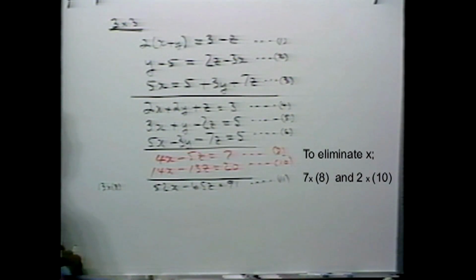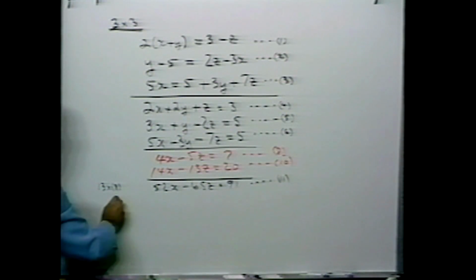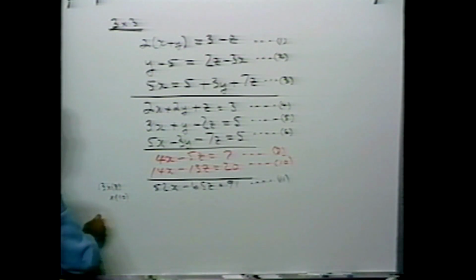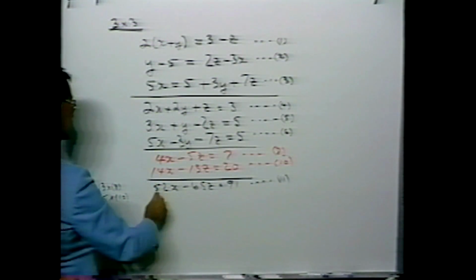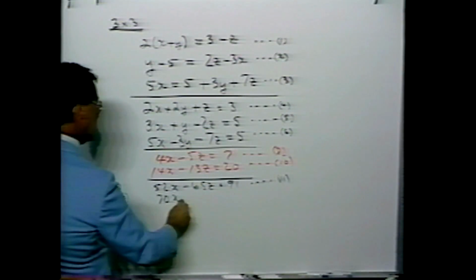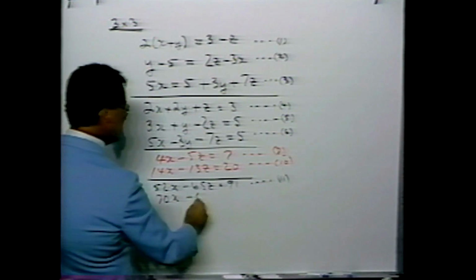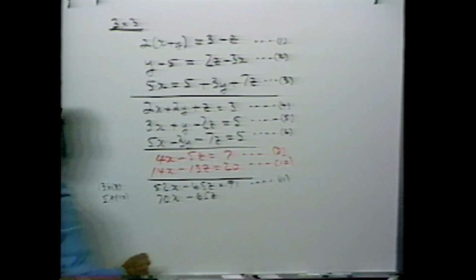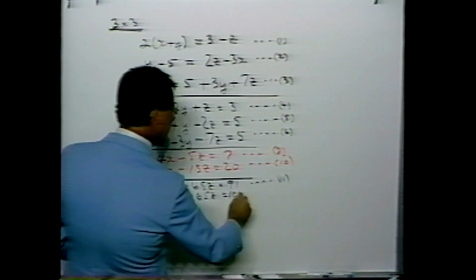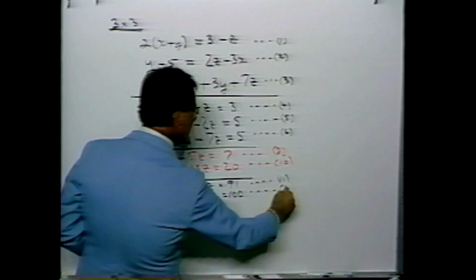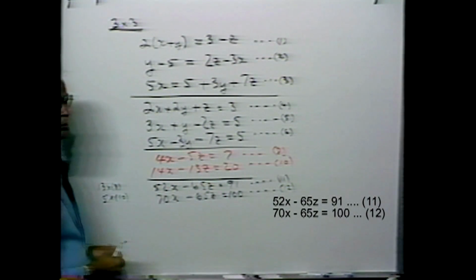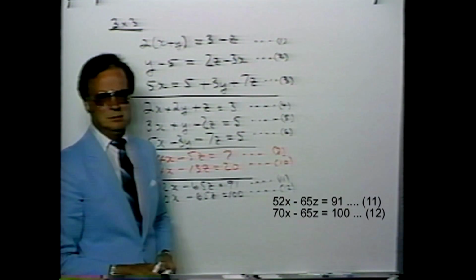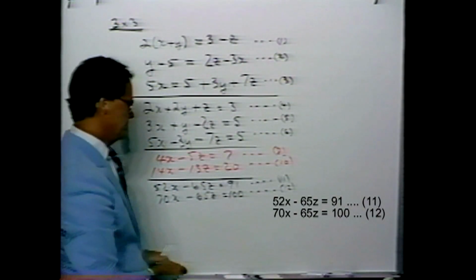We'll call it 11. If I take equation 10 now and multiply it by 5, I have the following result. 5 4s are 20, resulting in 70x. This better be 65z, and it is. And this one is 100. That is my equation 12, and it is a new equation. Each of these equations belongs to the same system that I originally wrote.